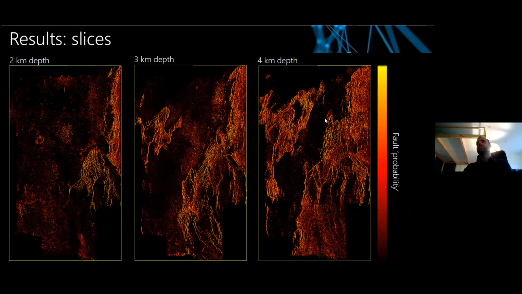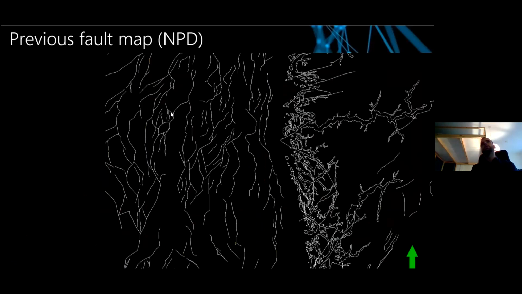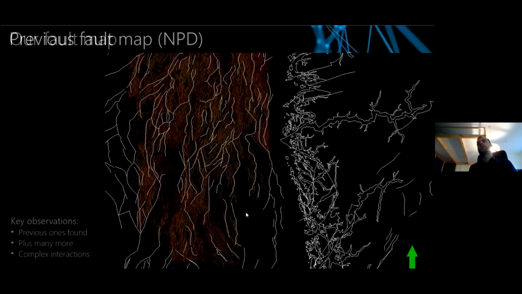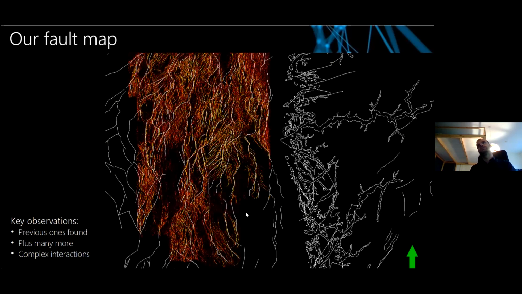Yes, and there's a lot of complexity. So we really image this in 3D. You also have some noise, but it's really nice. And you can see this in particular if you compare it to the previous fault map used by the Norwegian Petroleum Directorate based on previous seismic data sets. If we now plot our data with this, you can see the increase in complexity that we picked up.